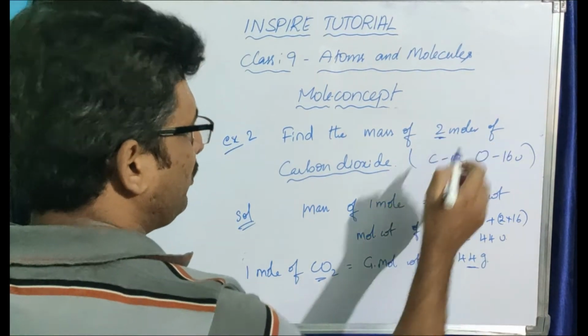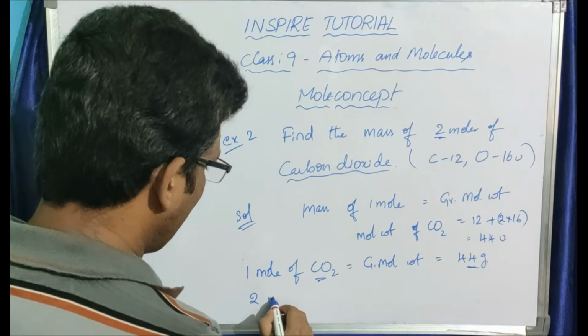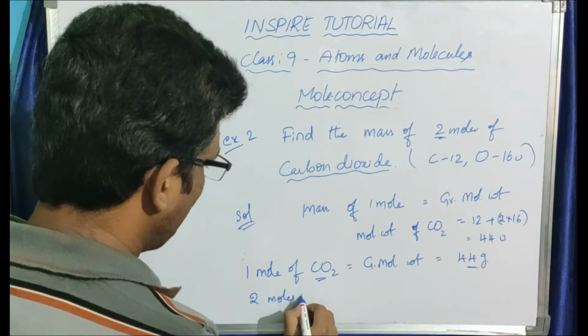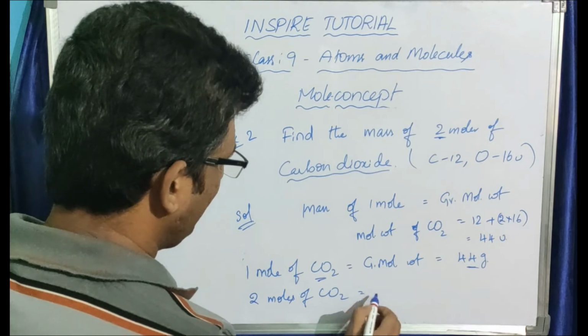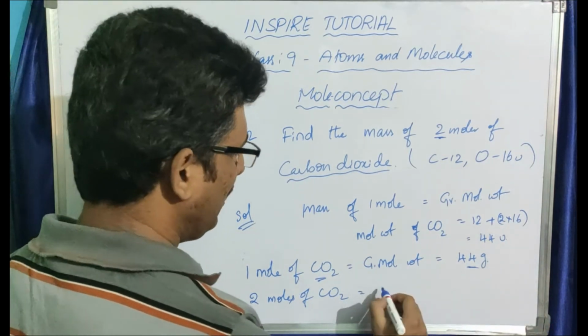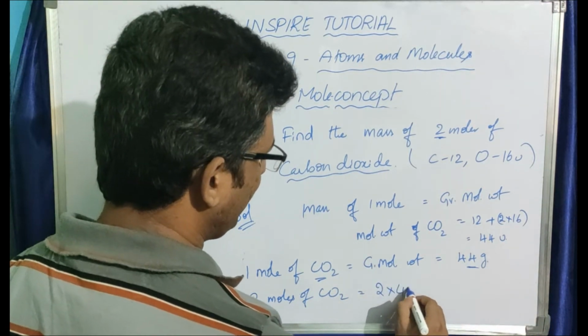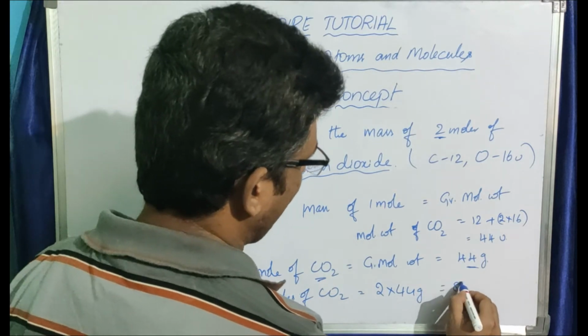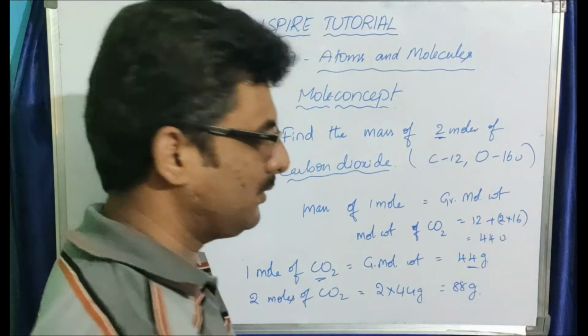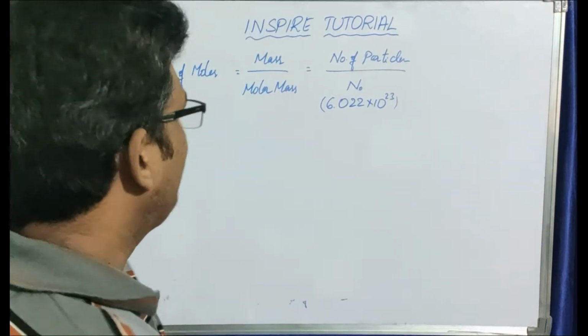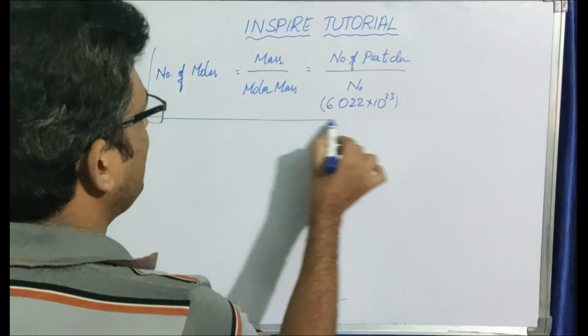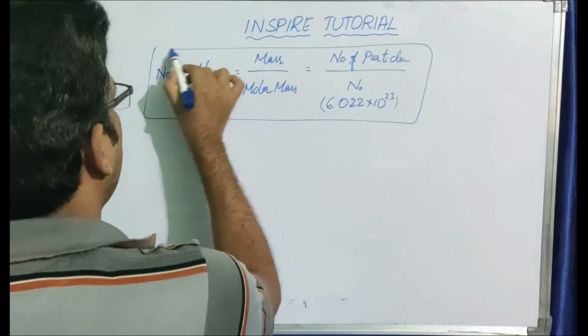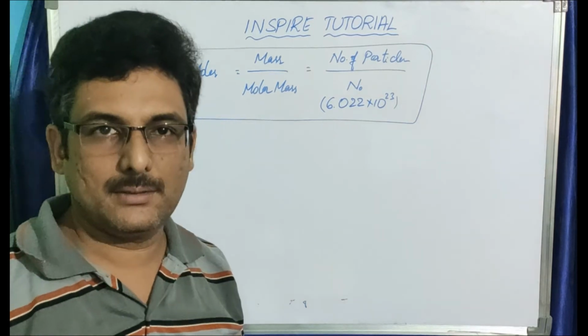Now you have to find for 2 moles. So if it is 2 moles of carbon dioxide, okay, 1 mole is 44 grams, then 2 moles will be 2 into 44 grams, that is 88 grams. So we can use this formula or this equation for numericals based on mole concept.